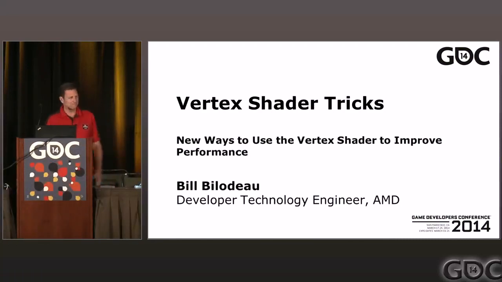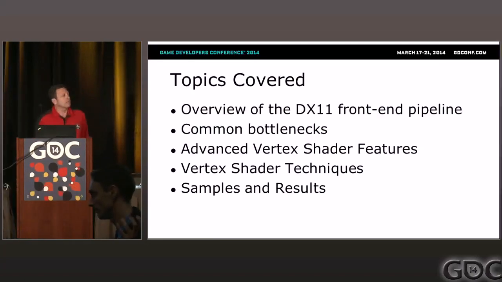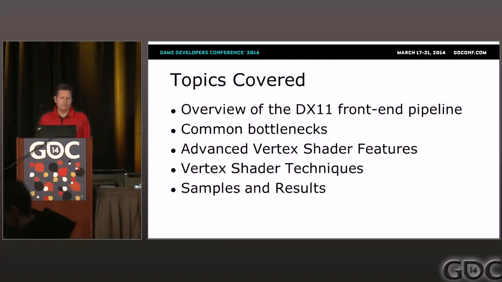So, our talk today is going to be on Vertex shader tricks and ways that you can use the Vertex shader to get better performance. Some of the topics I'm going to cover today include a brief introduction of the DX11 front-end pipeline.